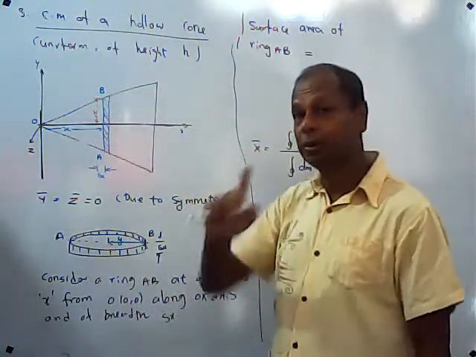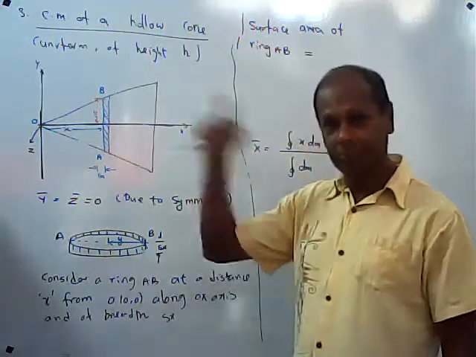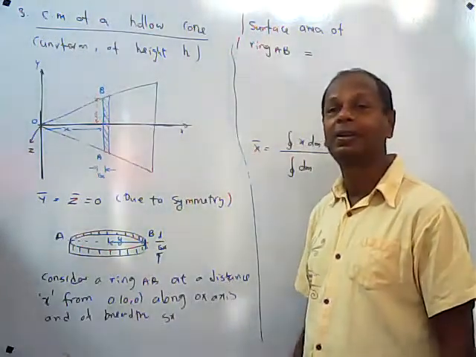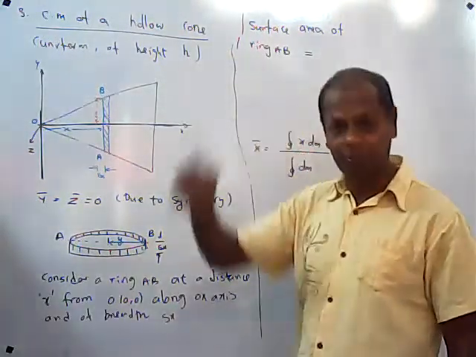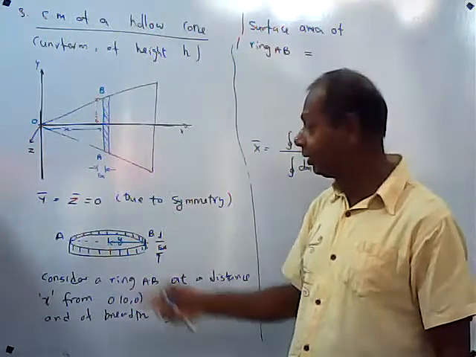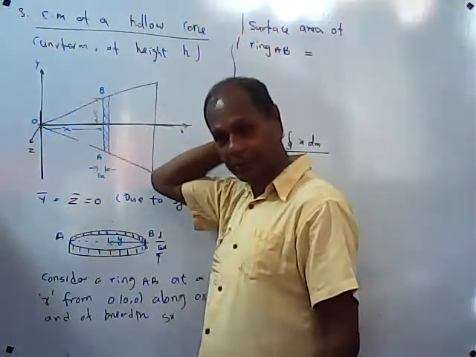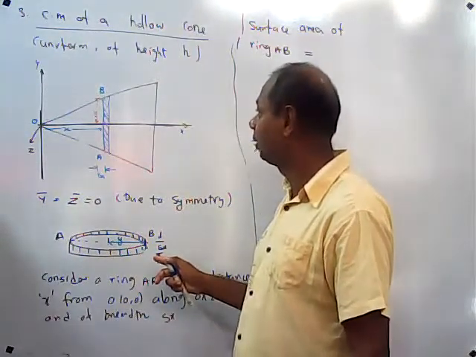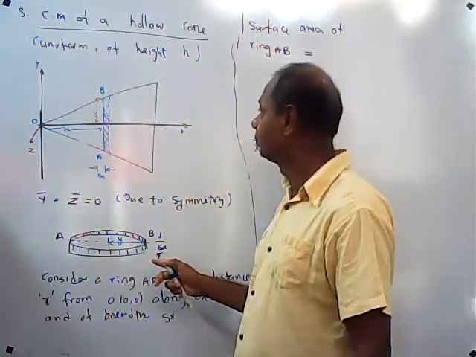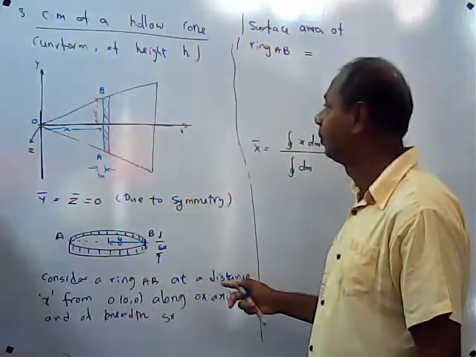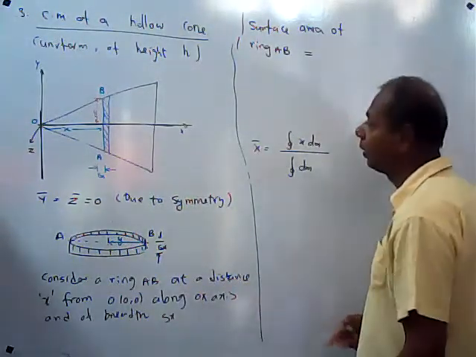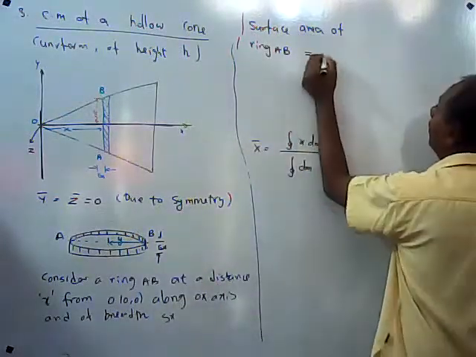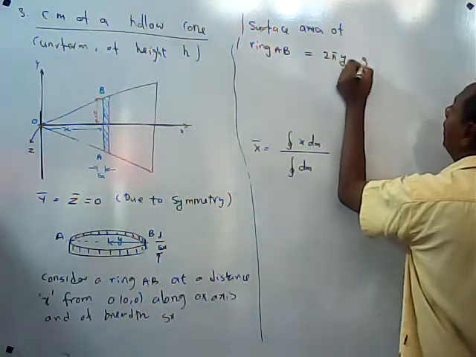Neglecting that, but you don't neglect it for the next thing. We are going to consider a hollow hemisphere next, a ball. There you don't neglect that inclination. Here, no problem whether you have taken it or not. That gives 2 pi y into delta x.